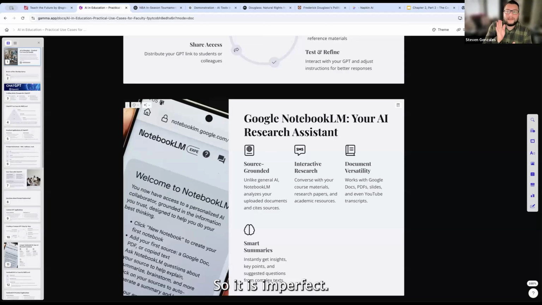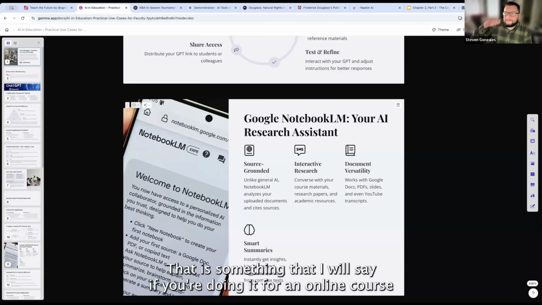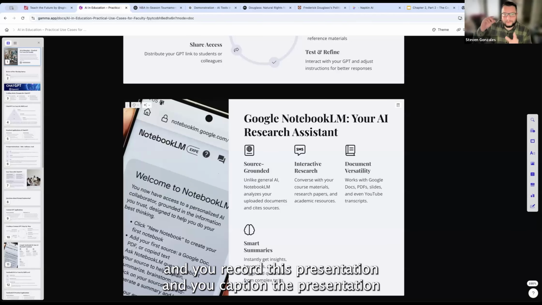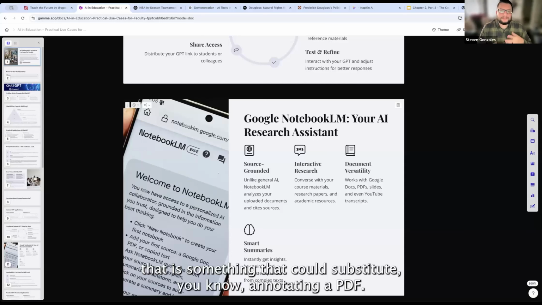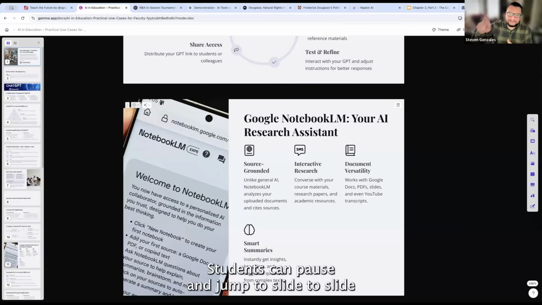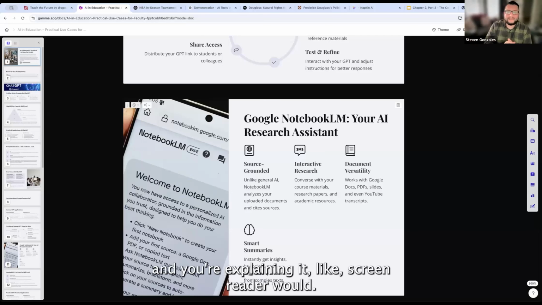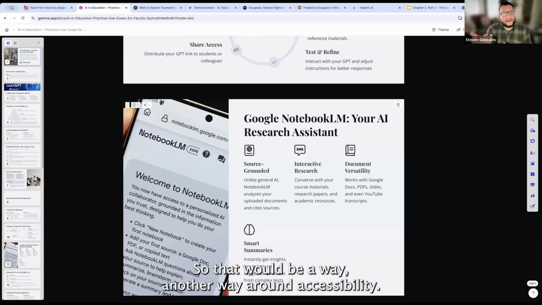So it is imperfect. That is something that I will say. If you're doing it for an online course and you record this presentation and you caption the presentation and images are popping up and you're explaining the images, that could substitute for annotating a PDF. Students can pause and jump to a slide and you're explaining it like a screen reader would. So that would be another way around accessibility.